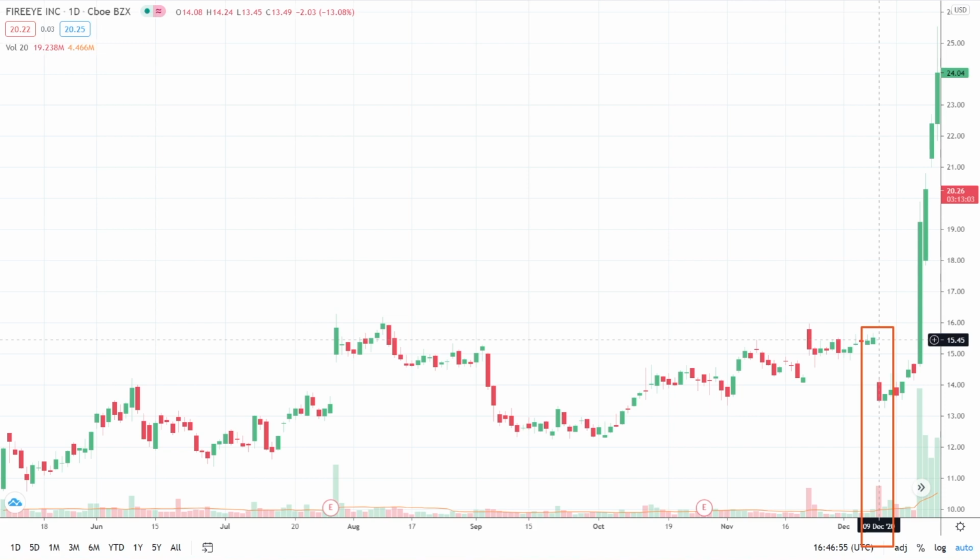When SolarWinds reported it was their fault, a backdoor in their software, many cybersecurity companies, names like FireEye, Okta, Tenable, Qualys, CyberArk, the entire sector was up because many companies were about to invest more in cybersecurity, were about to buy more products. Hence, the price skyrocketed, including FireEye. As you can see here, it went to the sky.